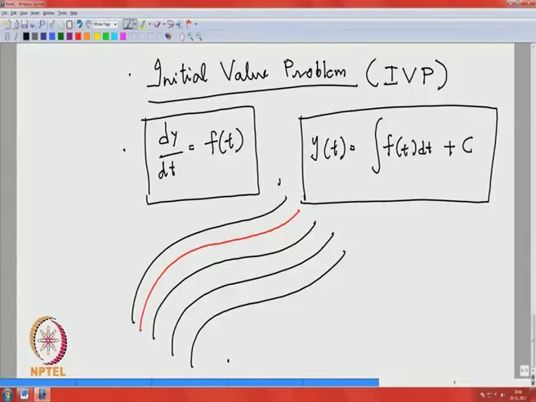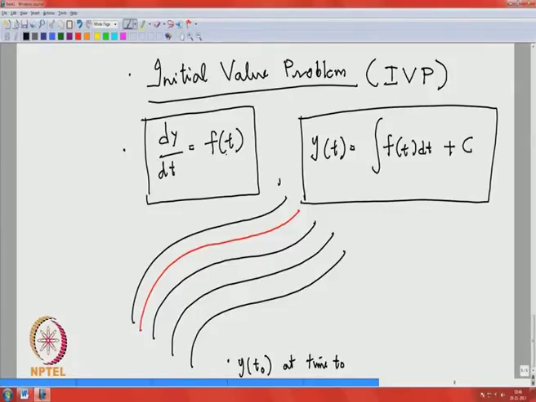You are at a particular place at time t naught, you will be at this point y of t naught, and then this equation tells you that you know the velocity all the time. This exactly gives you f of t.